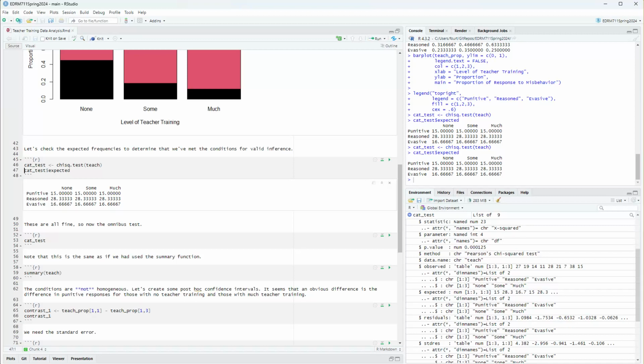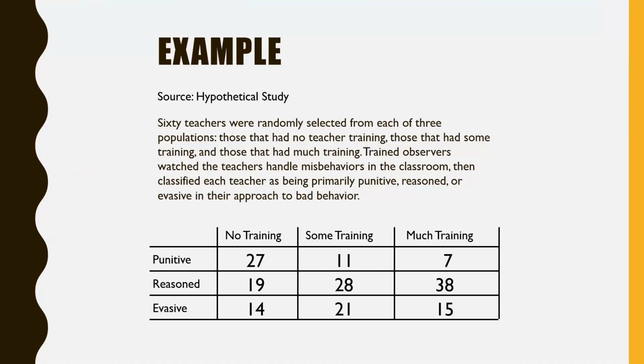So I would expect to get 15 people in the none, 15 in the some, 15 in the much. Now, why are those the same? Why are those all 15? Well, if you go back to the original study, it says 60 teachers were randomly selected from 3 populations. So because we have equal frequencies, we also have equal expectations in our group.